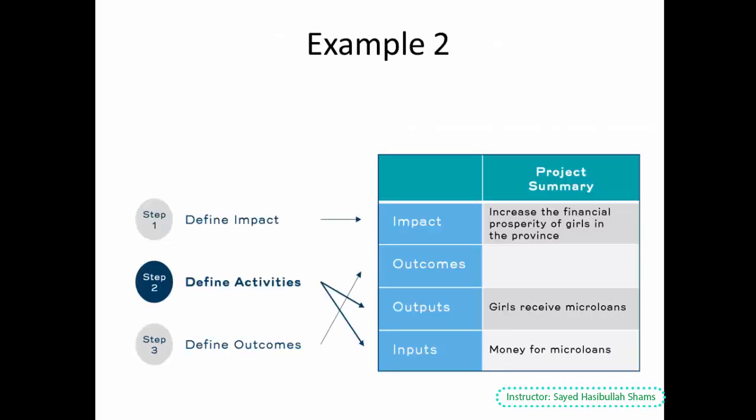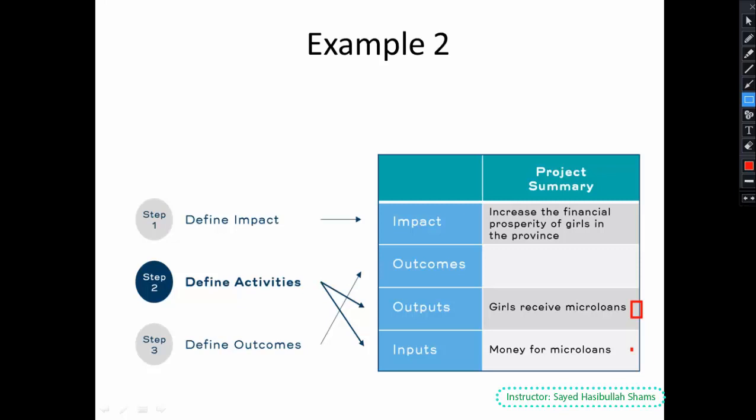Here we have inputs and outputs. Also, we have here outcomes. It is what happens when we build the activity and receive the output: what will happen to the project?